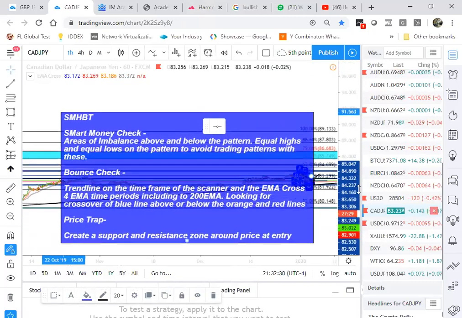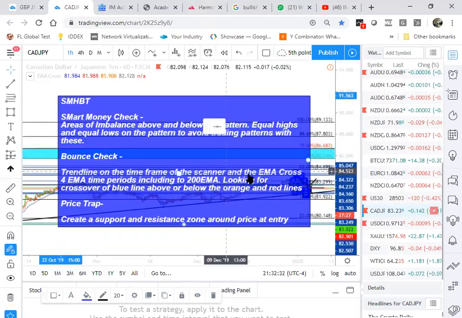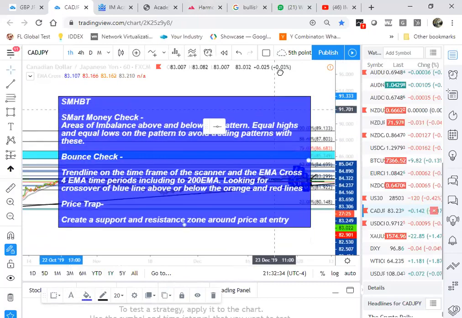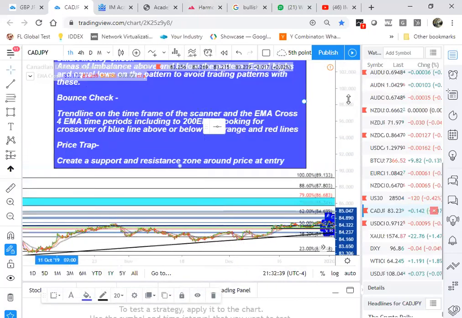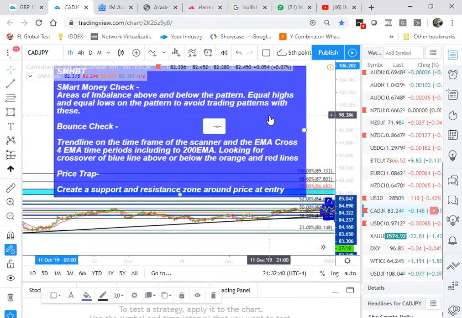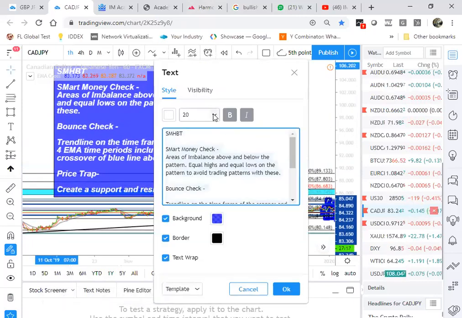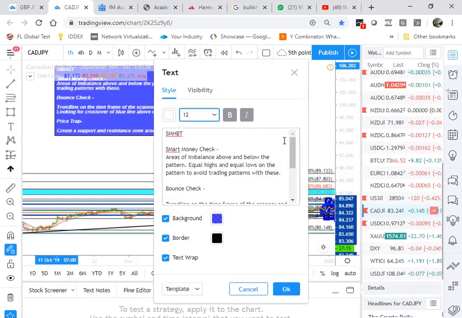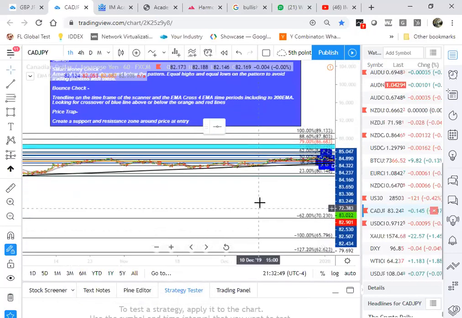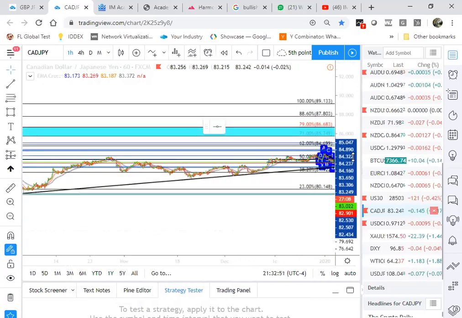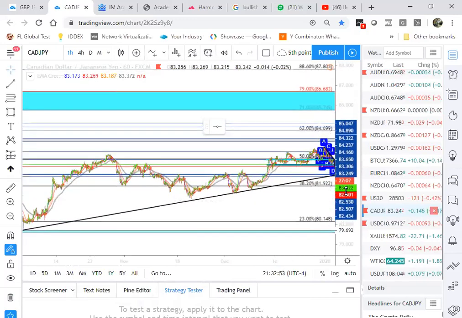Right, so this is the smart money harmonic bounce. Right, let me just probably make it smaller. So those are the tips there.